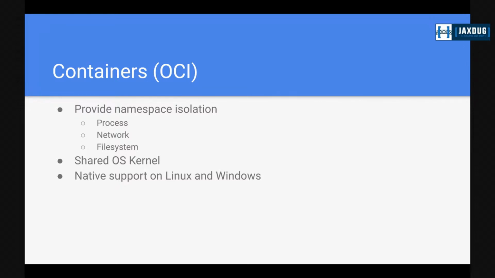Process isolation. So if you were to open up Task Manager on your system, you can see all the processes that are running. Inside of a container, you can only see the processes that are running inside that container. And since this has been primarily a Linux-based technology, with these OCI containers on Linux and Unix, when the operating system starts, you have an initial process ID called PID 1, and then everything goes up from there.